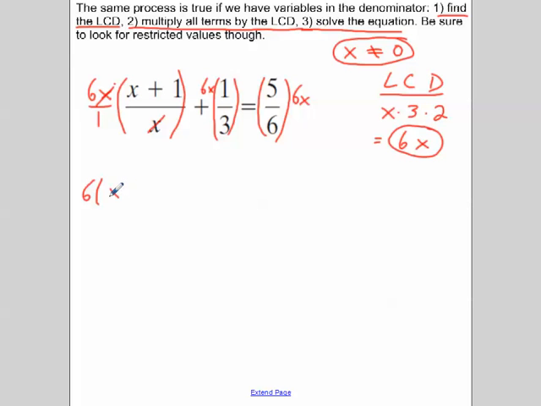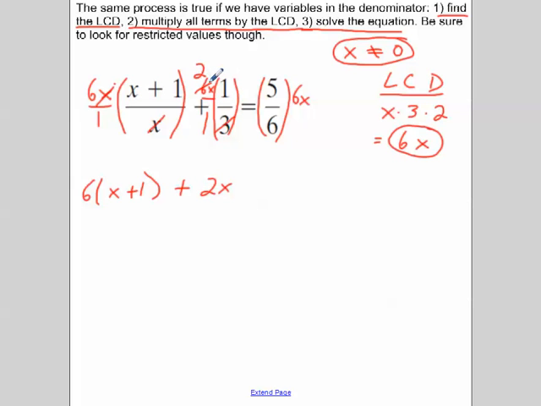Here then we've got 6 times x plus 1 as our first factor. The second factor is 6x over 1 times 1/3. Well, the 6 cancels with the 3 to give me a 2. Now I've got 2x, and I've got a plus between them.